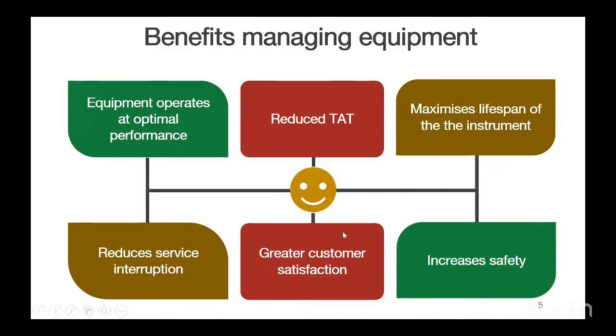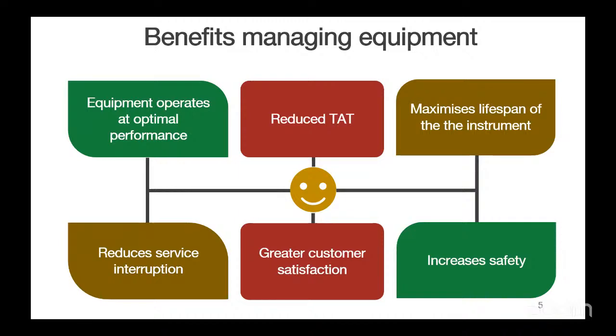Now, the benefits of managing equipment include, but are not limited to: one, equipment operates at optimal performance. When your equipment is well managed, it helps the equipment to operate at optimal performance. Number two, it reduces the turnaround time, because when you have an equipment breakdown, automatically that increases the TAT.